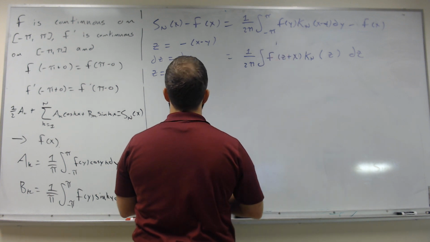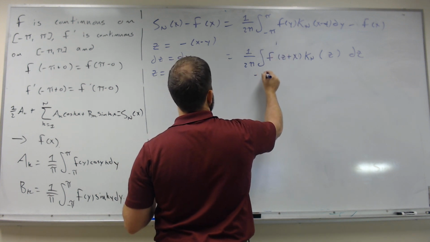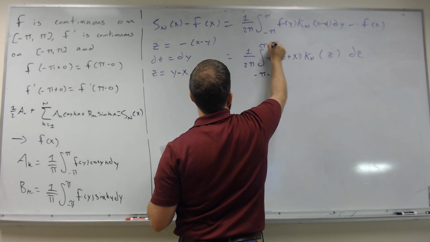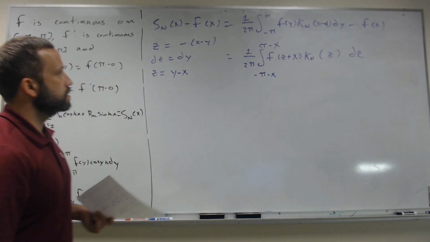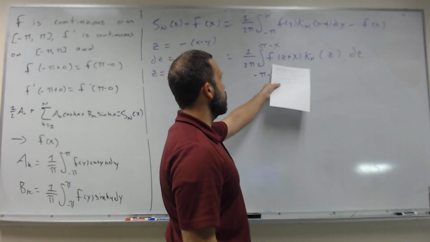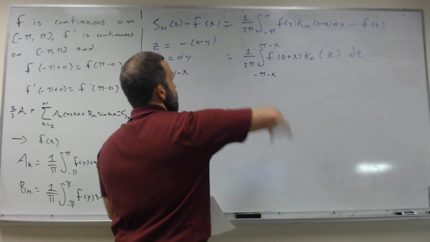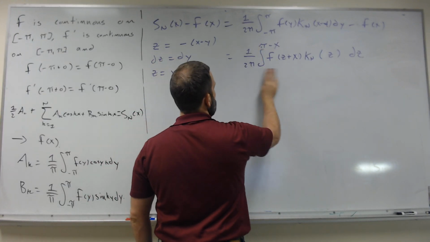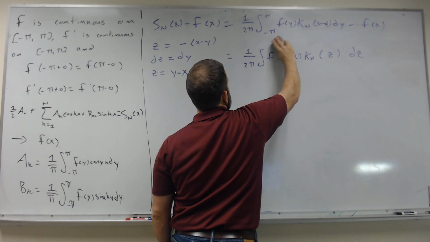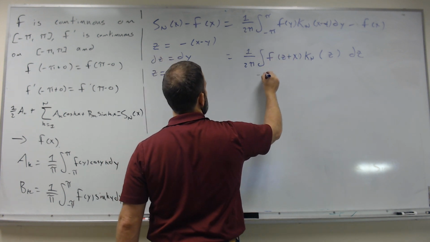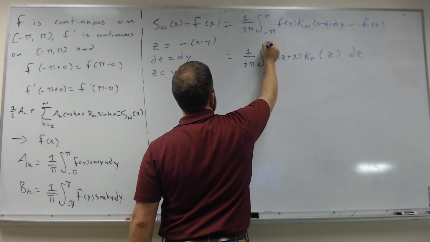This should be minus pi minus x, and this should be pi minus x. But remember, we're assuming that our function f is periodic, and the length of this interval is 2 pi. And so, using the periodicity, this is just equal to minus pi to pi.